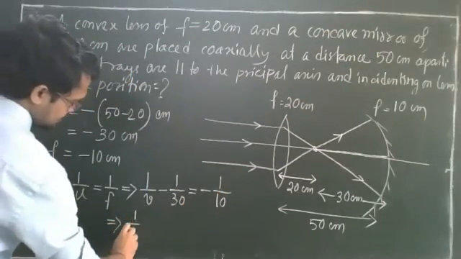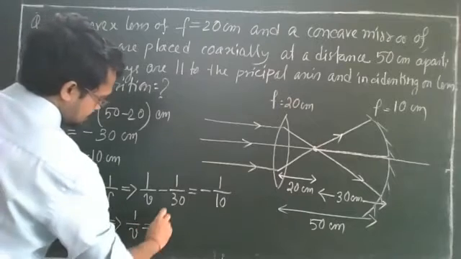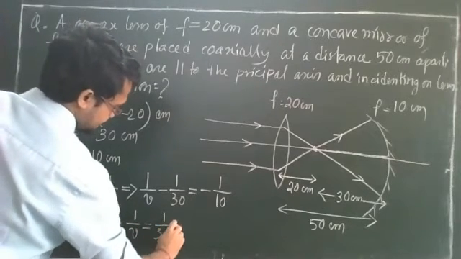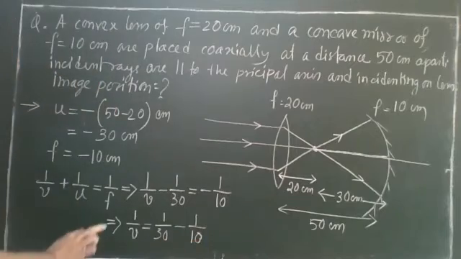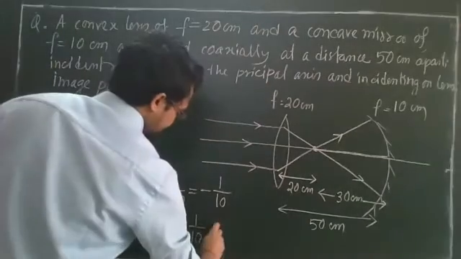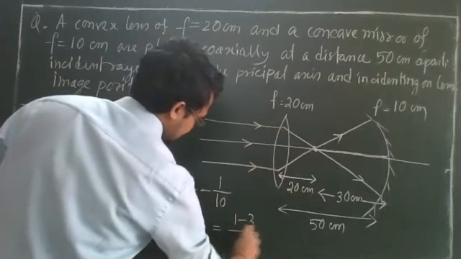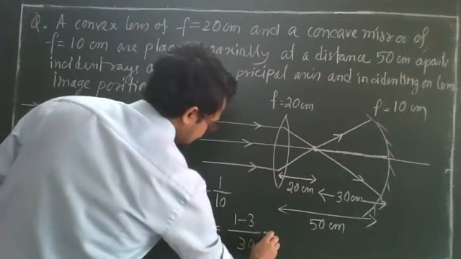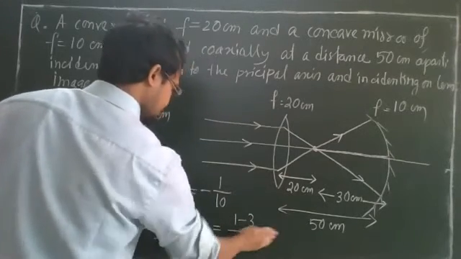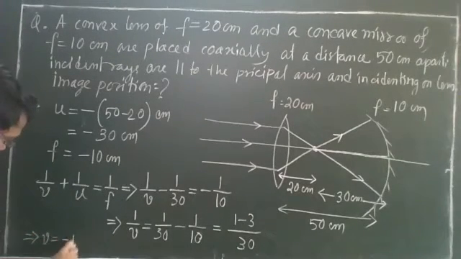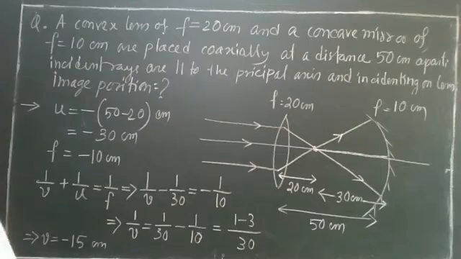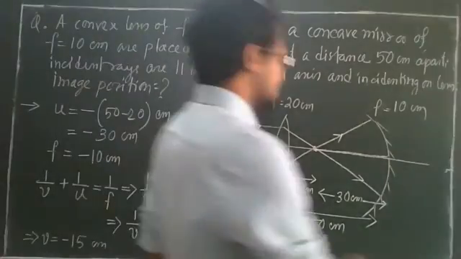Calculate. So it will be 1 minus 3 by 30, right? So V you will get minus 15 centimeter.